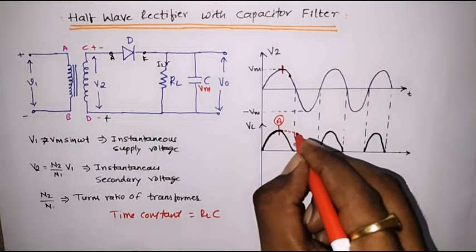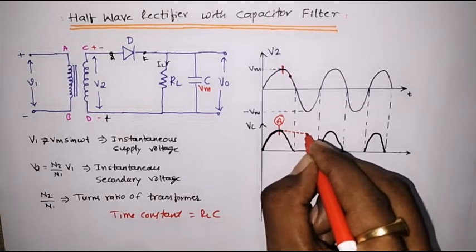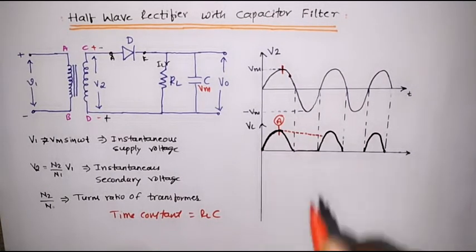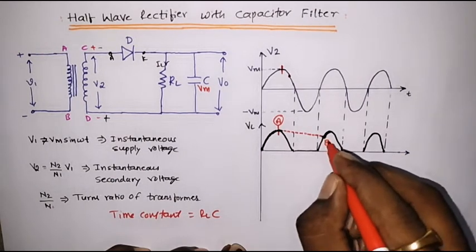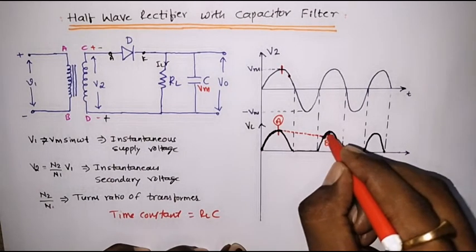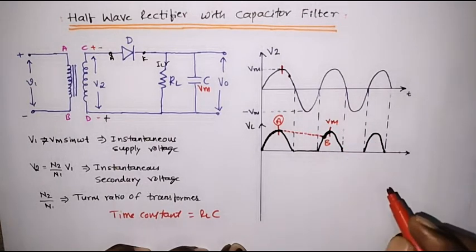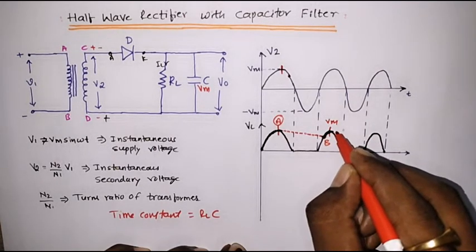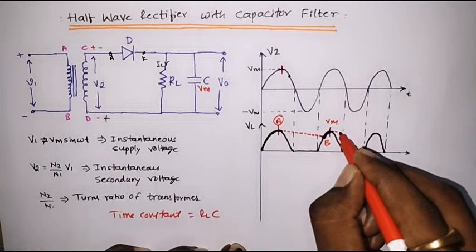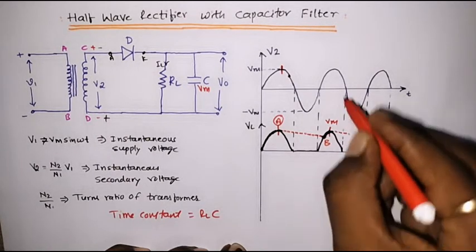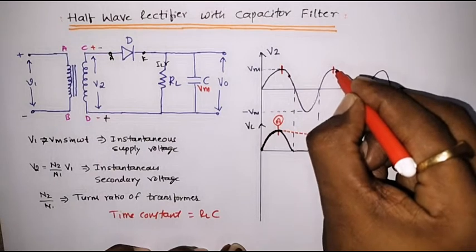The capacitor will start discharging as I have shown here, till point B. Again the capacitor will start charging till the peak value Vm, and again it will start discharging when the input voltage crosses this peak value.